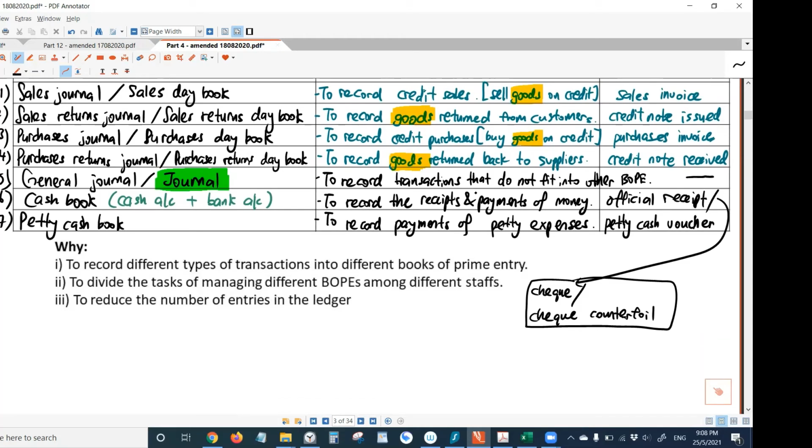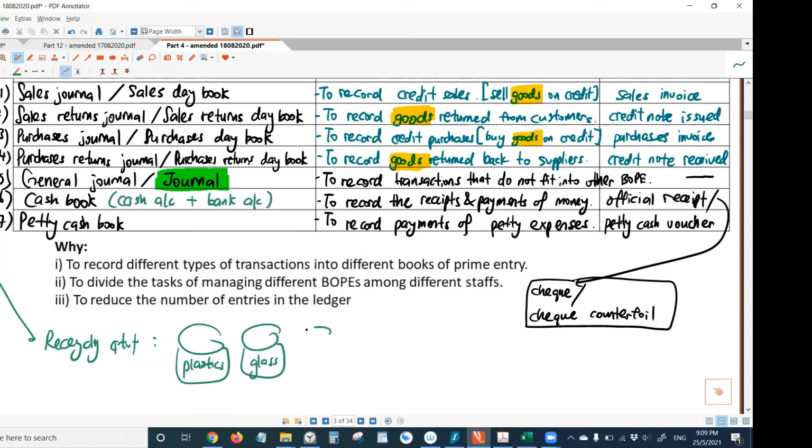I give you an illustration based on recycling activities. In recycling activities, you would have a lot of dustbins, right? And each dustbin is meant for one category of element. For example, dustbin A for the plastic, dustbin B for the glasses, dustbin C for the papers, dustbin D for the aluminum cans.